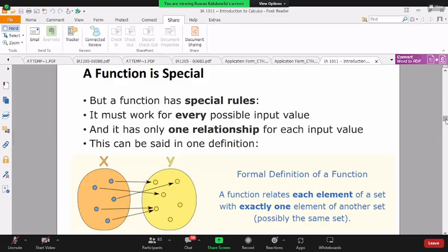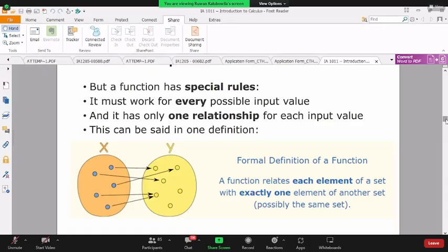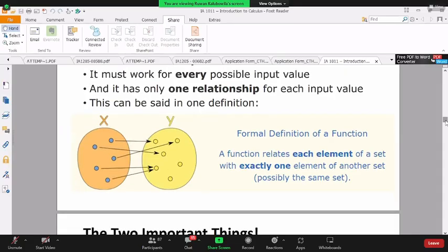That means we should have a unique relationship between the domain and the range. If it does not satisfy this rule, we do not call it a function.